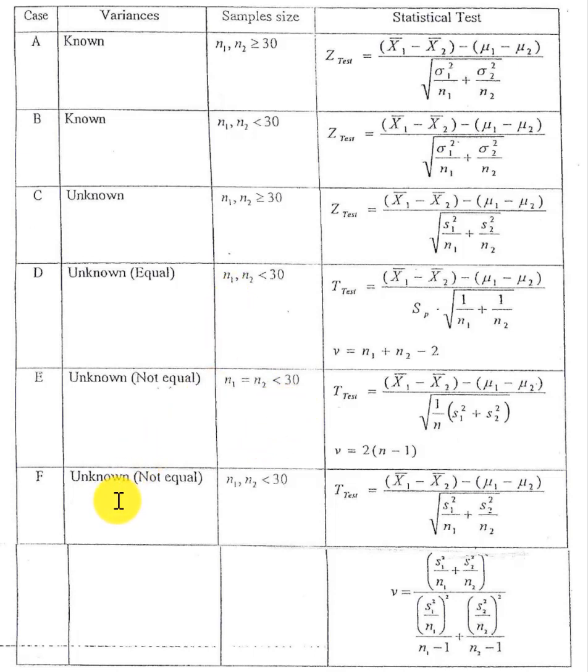For case F, the variance of the population is unknown and not equal, and N1 and N2 are less than 30. So you are going to use the t-test.